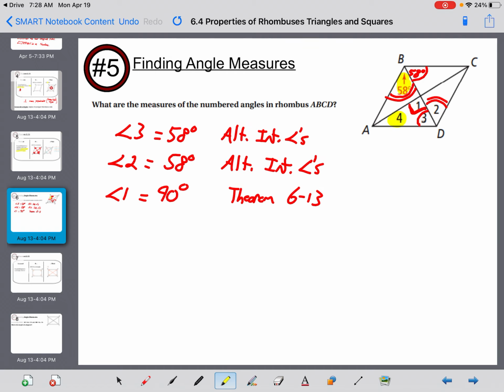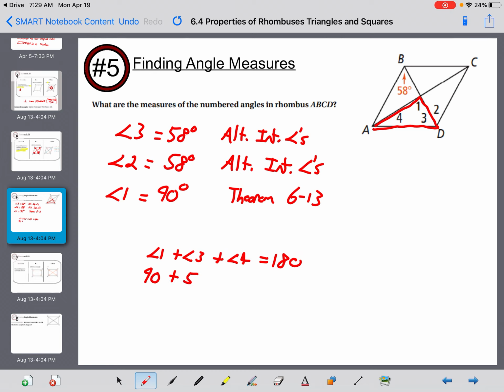Now, the only one that we're going to have trouble finding is angle 4. But if you notice, let me erase this to make it a little clearer. This is a little triangle here. Triangles add up to 180 degrees. So angle 1 plus angle 3 plus angle 4 equals 180. Well, we already know angle 1 is 90, angle 3 is 58, and angle 4 is the one we're trying to solve for.